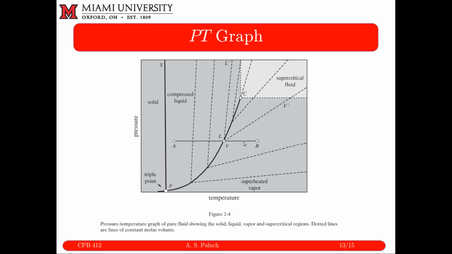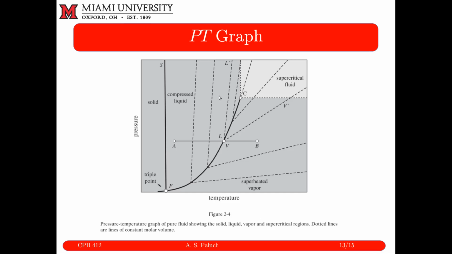Here it's labeled compressed liquid and superheated. Where the compressed comes from is if I'm at a constant temperature in my two-phase coexistence boundary, and I want to go to the liquid region, one way to do that is at constant temperature, increase the pressure. If I increase the pressure, that's pushing me up towards this region.